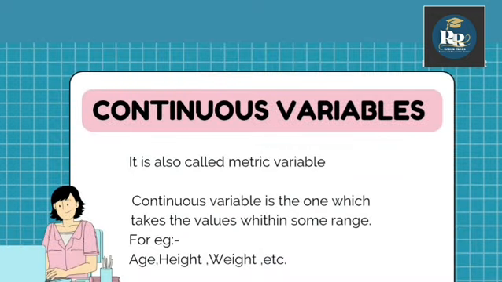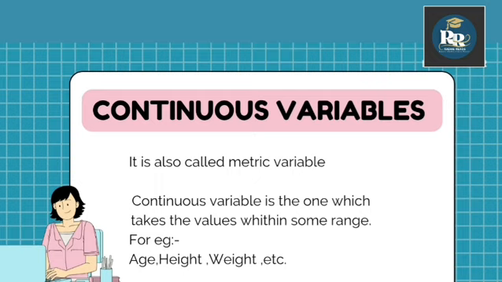Another is continuous variable. Continuous variable is the one which takes the values within some range. For example, if I ask you age, then you will give response as 18 plus. That means your age will lie in the range of 18 to 19. If I ask you height, then you will give me some values as 164 point something.